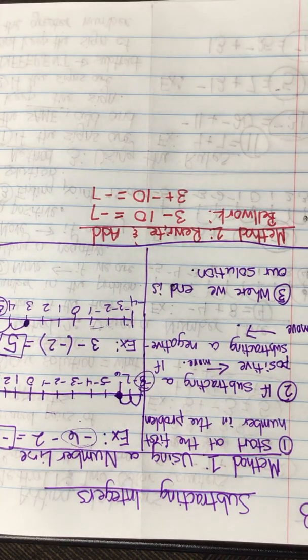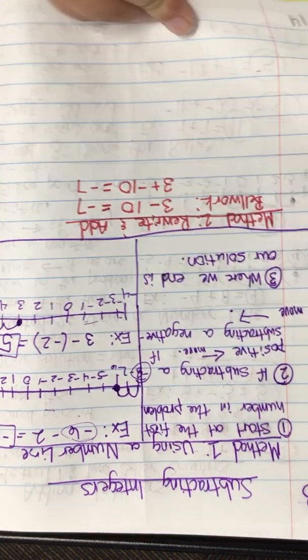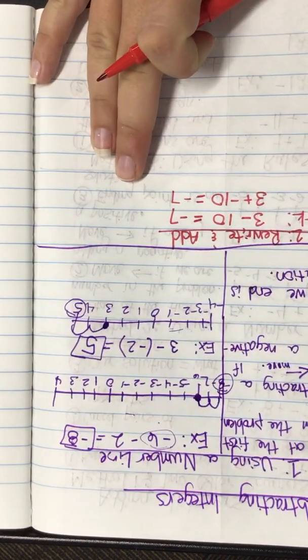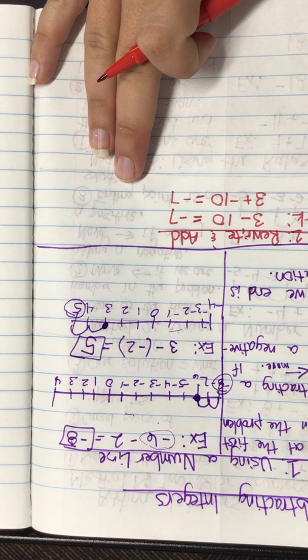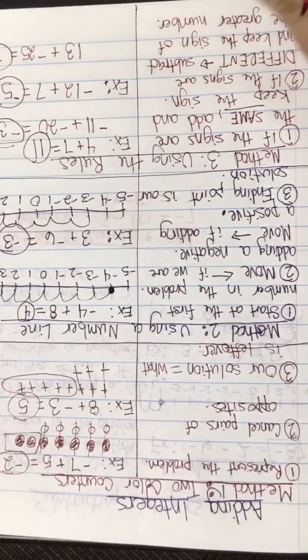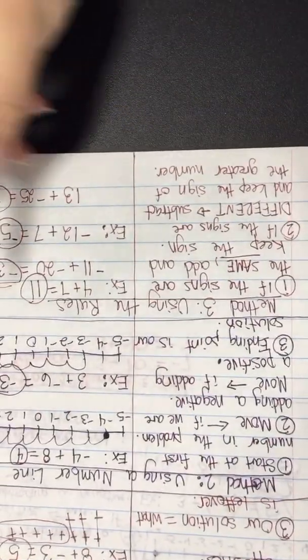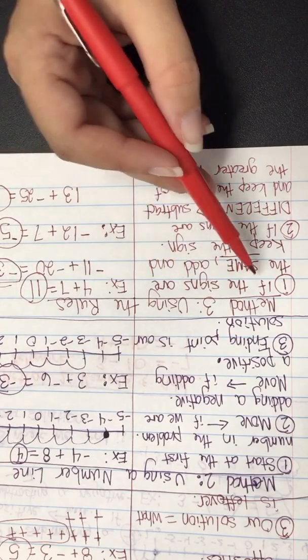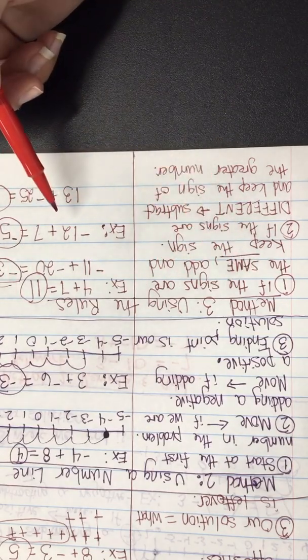Here's the good news, ladies and gentlemen. You don't have to memorize any new sets of rules. All you're going to do is add one thing to the beginning of what you've already learned. So on page 7 of your notebooks last week, you learned how to add integers using the same sign or different sign rules.